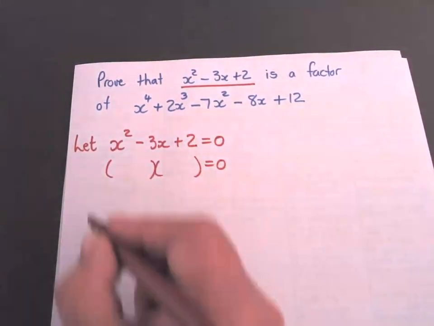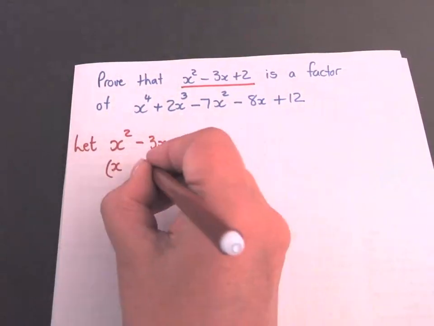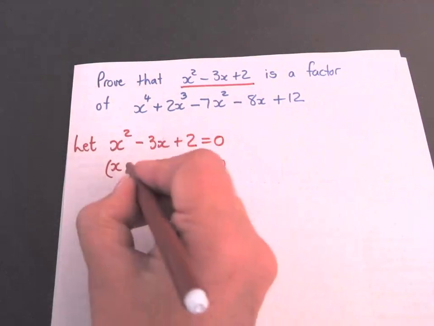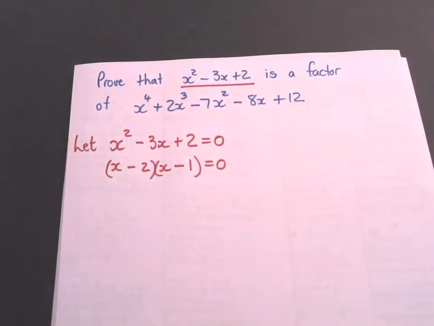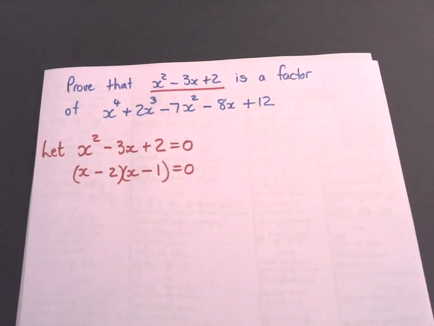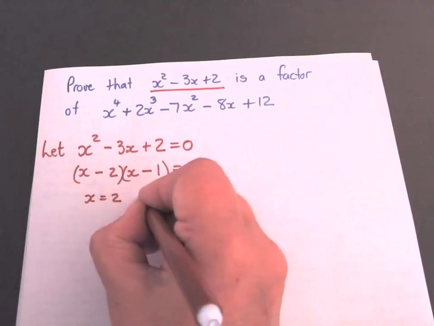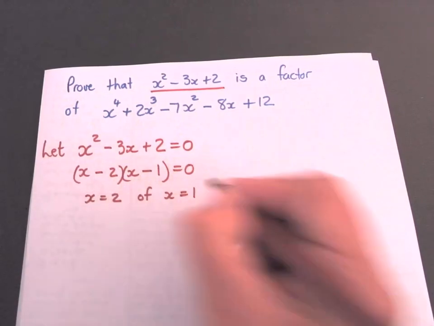If you factorize, it will be x times x and 2 times 1. We have to get negative 3, so it's minus 2 minus 1. Therefore, x will be 2 or x will be 1.